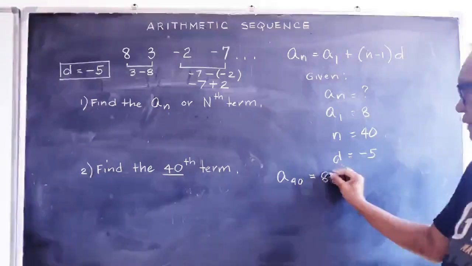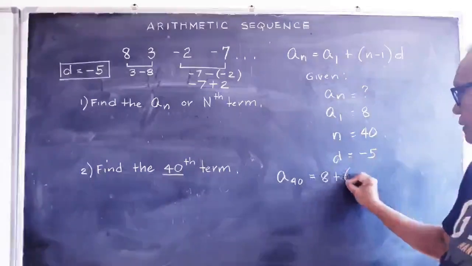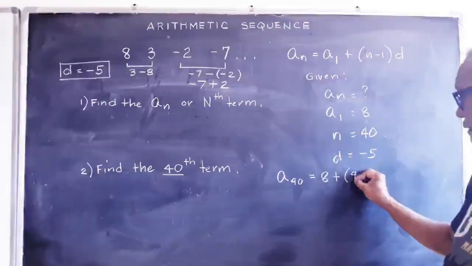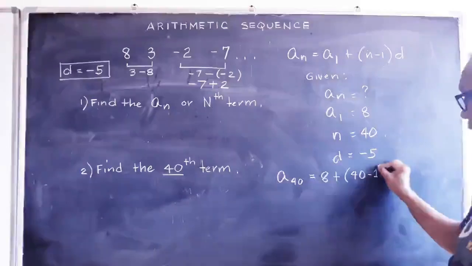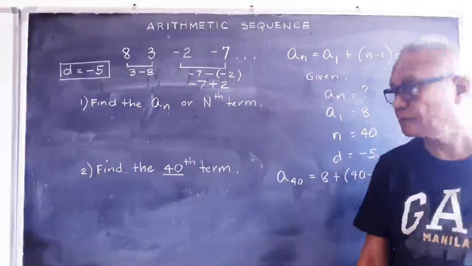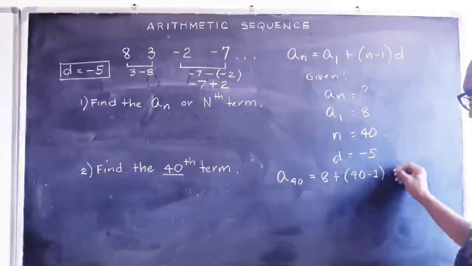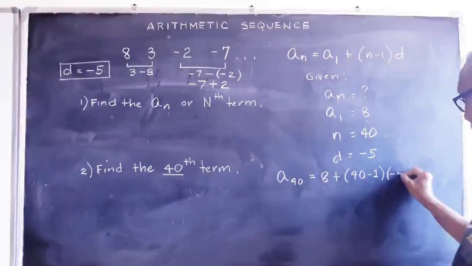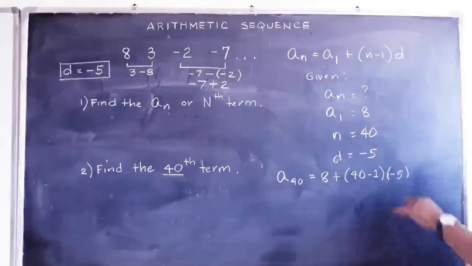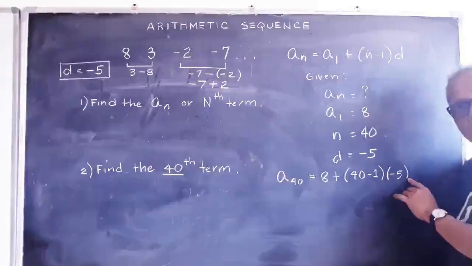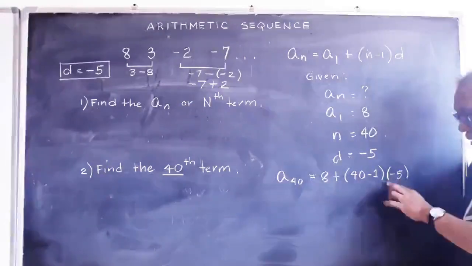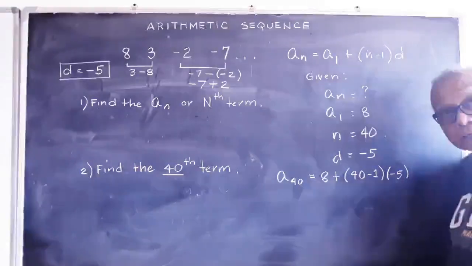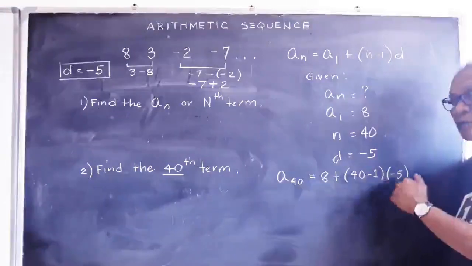So we have 8 here plus, what's the N? It's 40. Don't forget to subtract 1 here. And the difference is here, negative 5, in brackets. Because if you don't have the bracket here, then it will become minus 5. It's different. When you have the bracket, it is times. It should be multiplication.